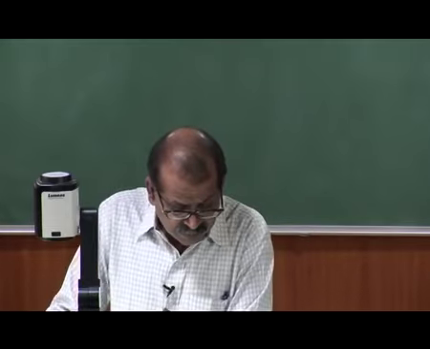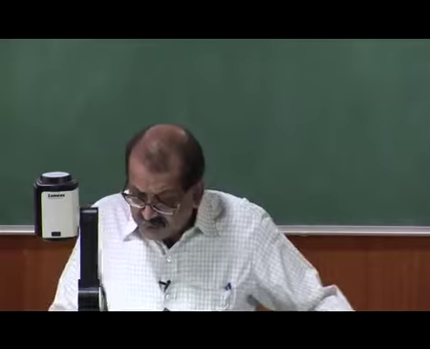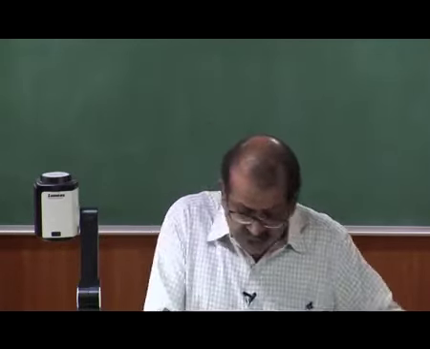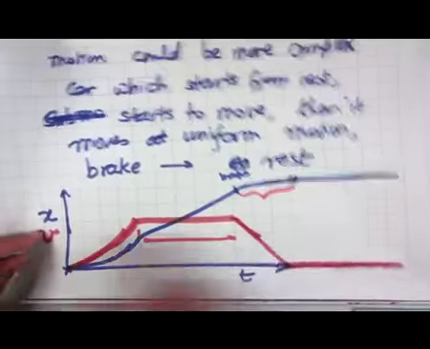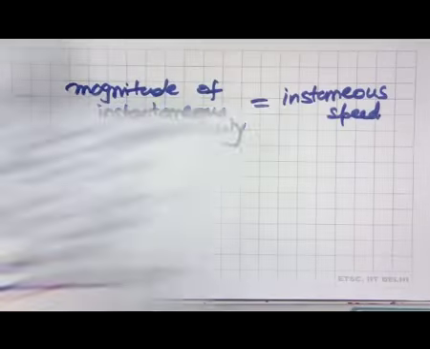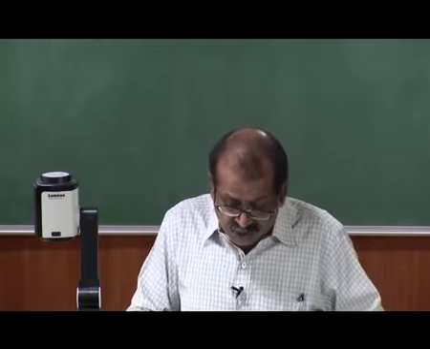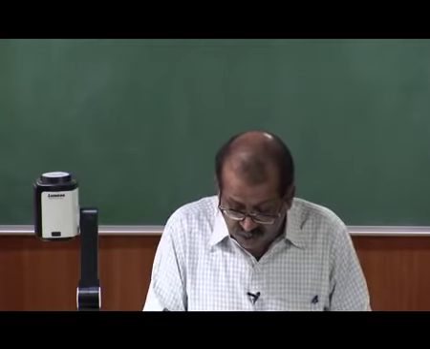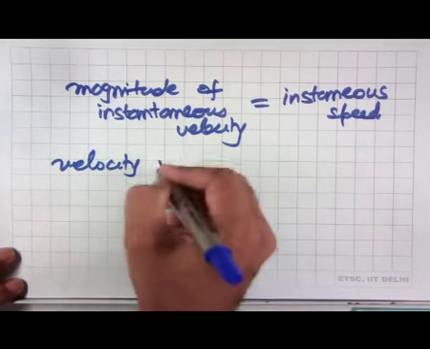Now, the next thing we do: as we have seen in this example, velocity could also change with time, it need not always be constant. So, to account for how the velocity is changing, we define the rate of change of velocity.